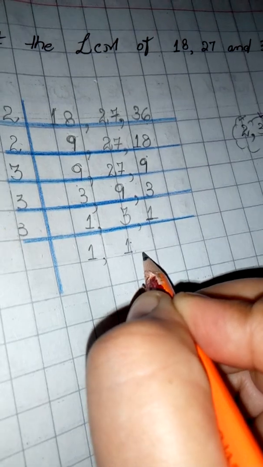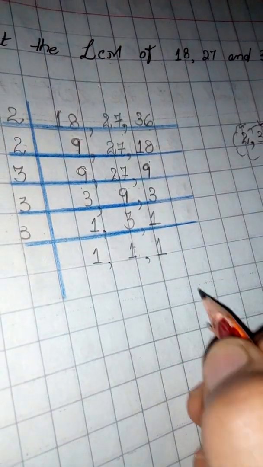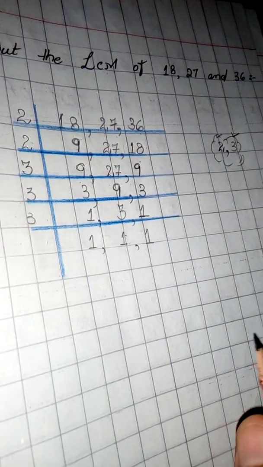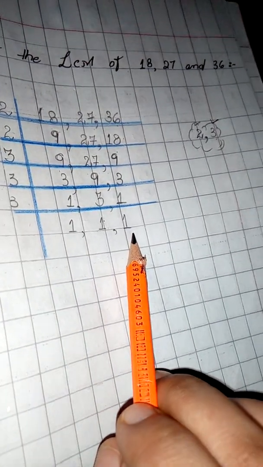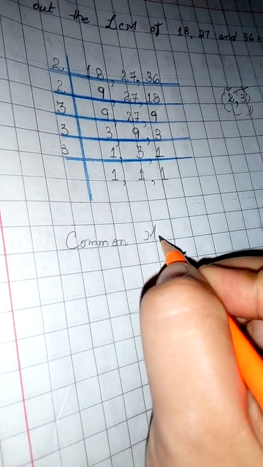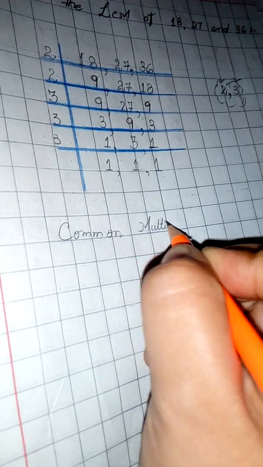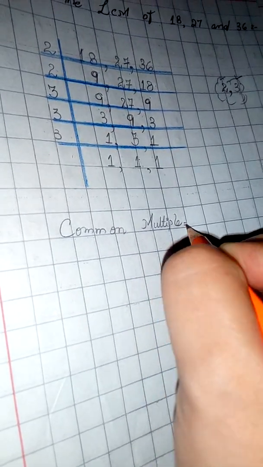I got all three ones in the last row. I brought all the ones down as quotients. Now my division is over. I'm going to write down my second last step, that is the common multiple.